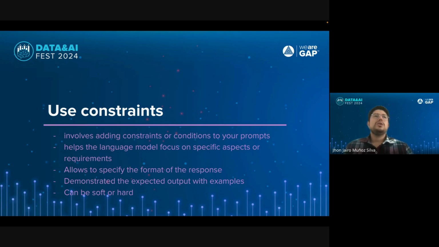Some models also allow us to include files, pieces of code, images. So depending on the model, you can add examples that will help you to actually get a really precise output. For example, with code generation, that is the most precise that I have seen.